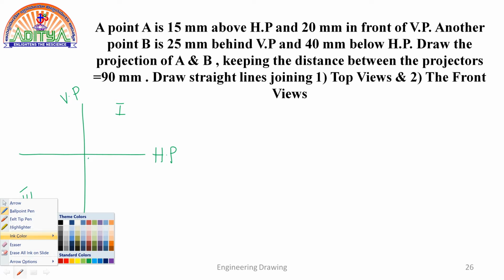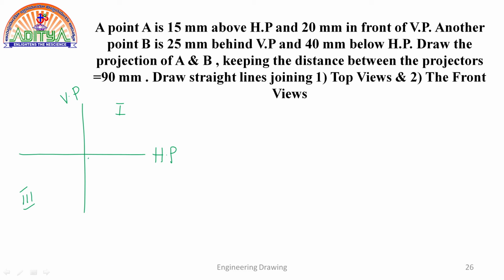A is a point which is located 15 mm above HP and 20 mm in front of VP.